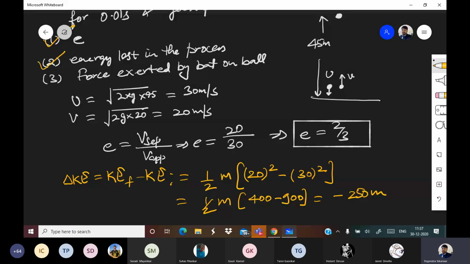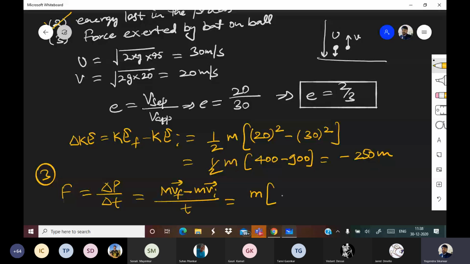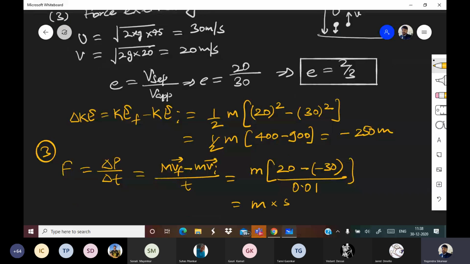Now force exerted by the bat on the ball. So F, third part, is delta P upon delta T. So delta P is M V final minus M V initial, vector, upon t. So M is this, V final is 20 minus 30 upon t, 0.01, and that comes out to be M into 50 upon 0.01.